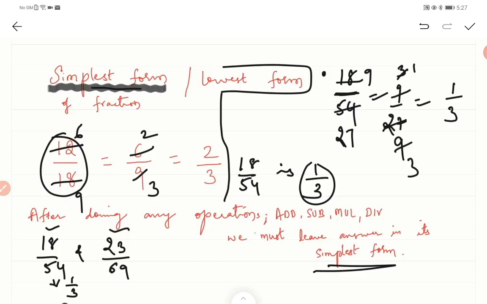So what about 23 by 69? Can you cut this in any table? Directly in the 23 table. 23 threes are 69. So in the 23 table you have 23 ones are 23, 23 threes are 69. So this is also 1 by 3.